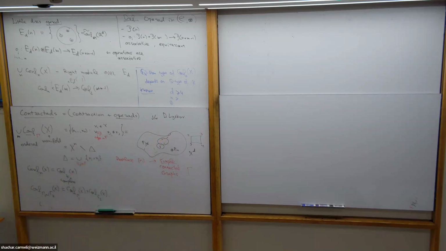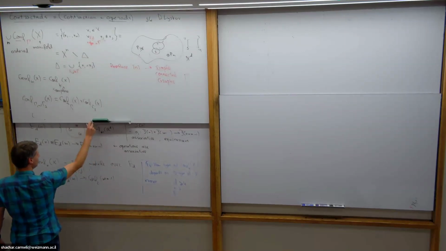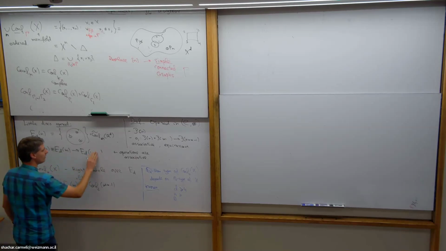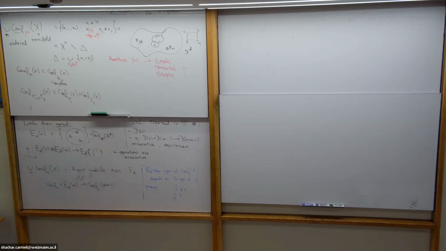And now the question is what should be replaced here. You see, before I had E d of n to E d of n plus 1. Now here I want to have gamma. It depends on what graph.